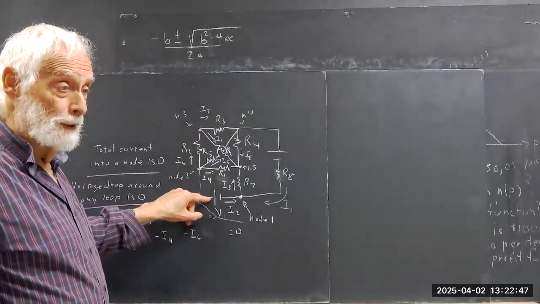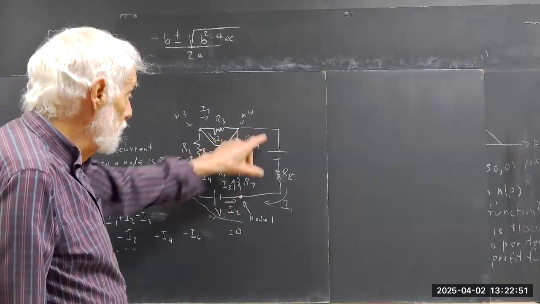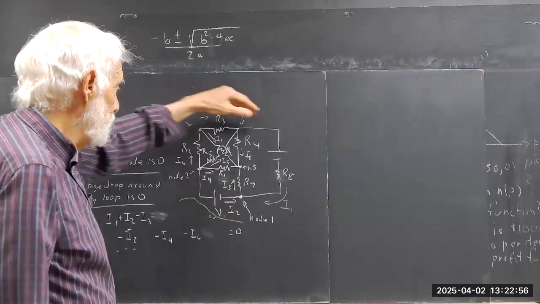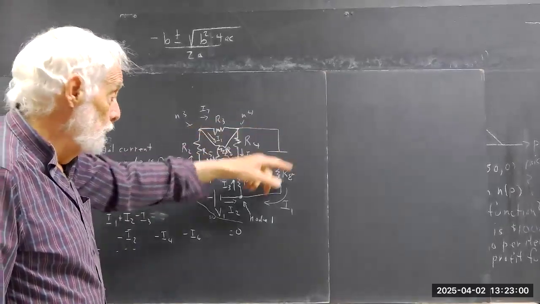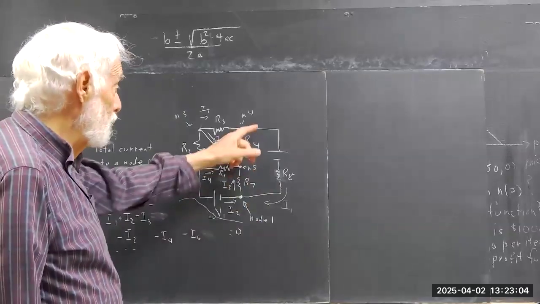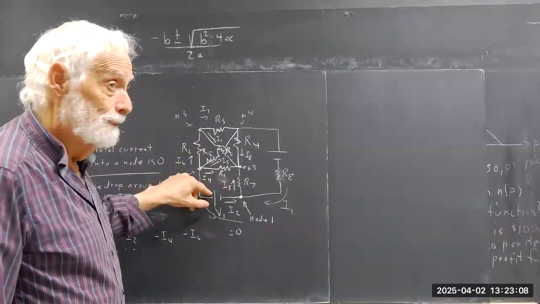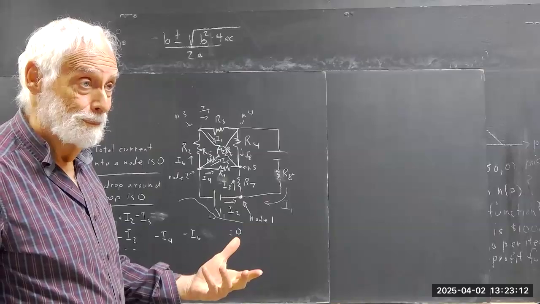Okay. And the voltage drop would be 0. But if I did the loop here and the loop here and the whole loop, I can see that the loop around the whole thing is a linear combination of this loop and this loop, right? So I get nothing new.